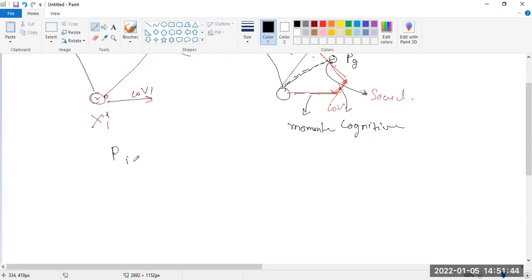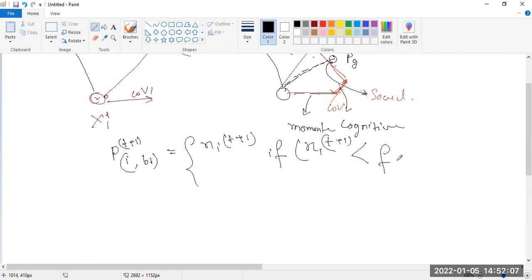So look, PILB will change if the position changes, that is, if f of XI at t plus 1 is less than f of PILB. Otherwise PILB remains the same. It means if this position has a lower local fitness, then it will be updated.